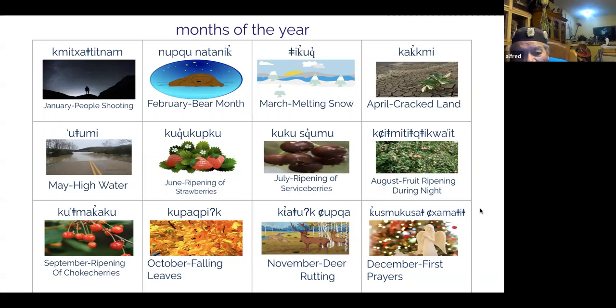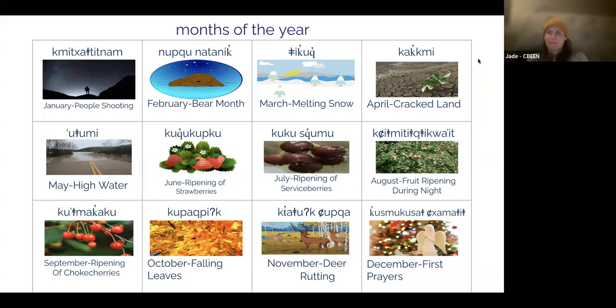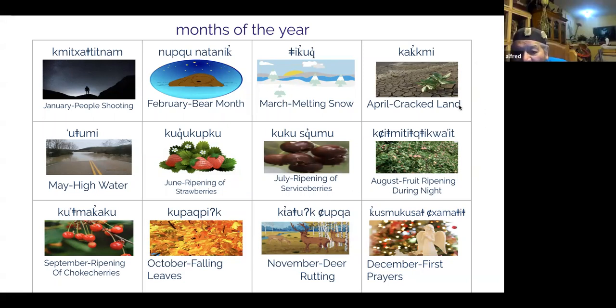That one is a tongue twister. That's always the hard one. That means the fruit ripening during the night. The nights are so warm that the fruit continues to ripen. That's the month of August.